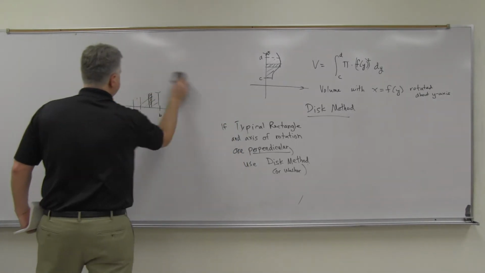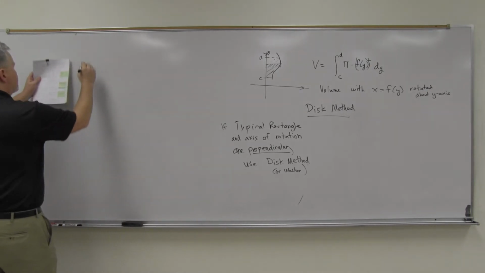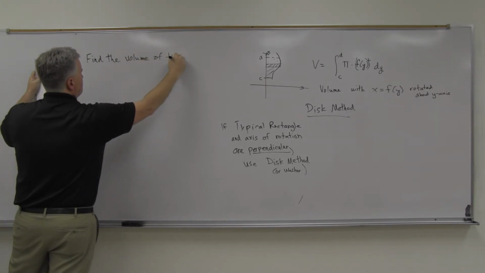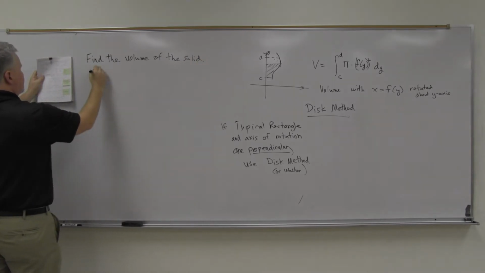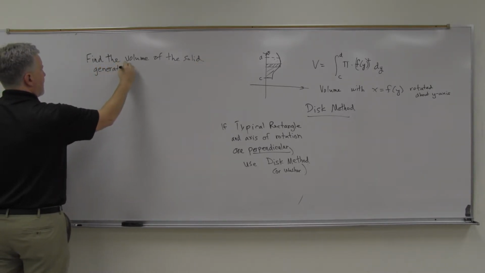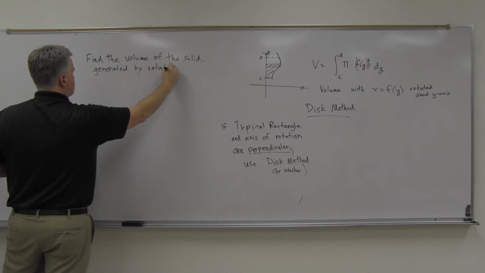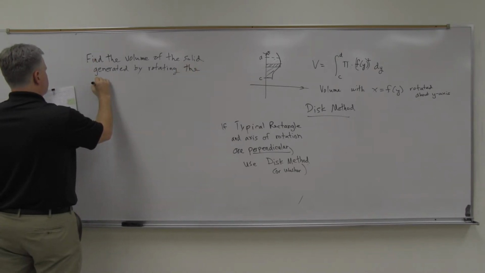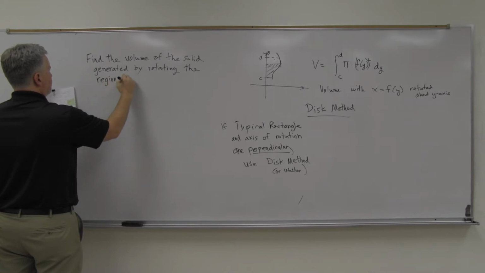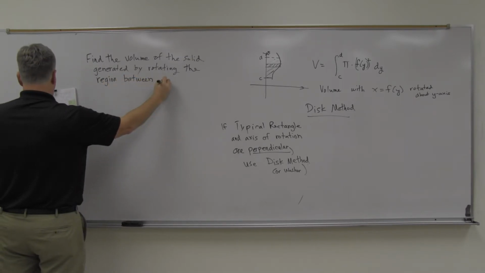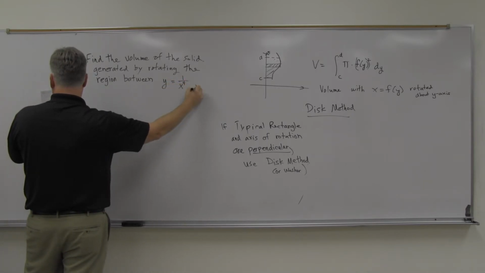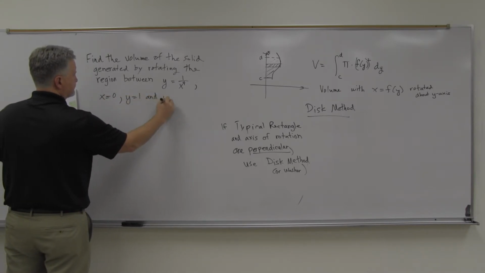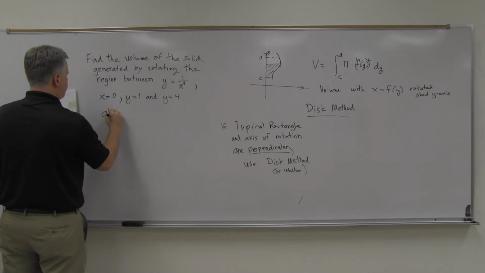All right, so let's find the volume of the solid generated by rotating the region between y equals 1 over x to the fourth, x equals 0, y equals 1, and y equals 4, about the y-axis.